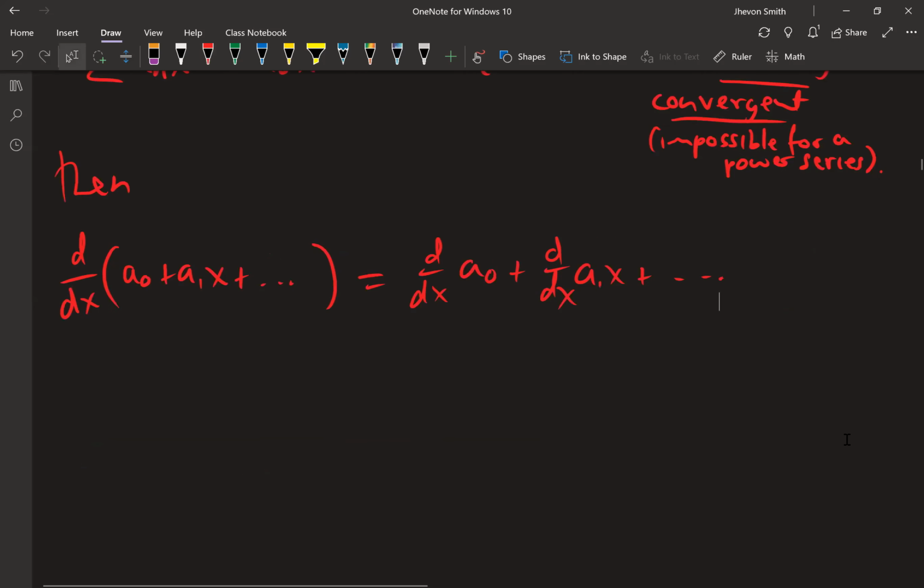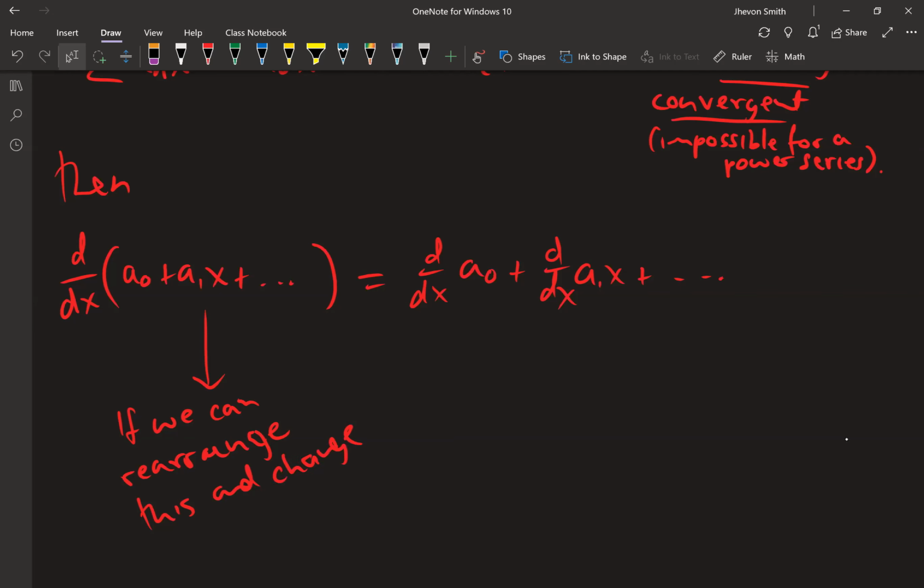Now it turns out if this sum can be rearranged and change the answer, then it means that over here is meaningless. Because if I can change the answer by rearranging the terms, then my derivative becomes undefined because the derivative won't be able to distribute across the sum.